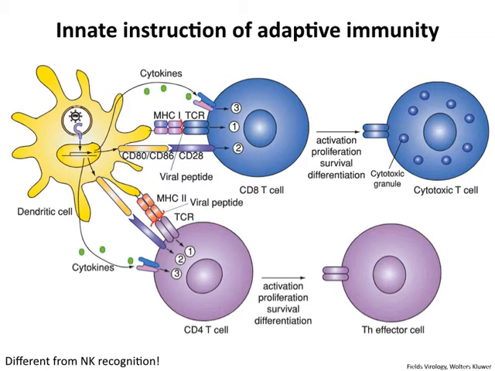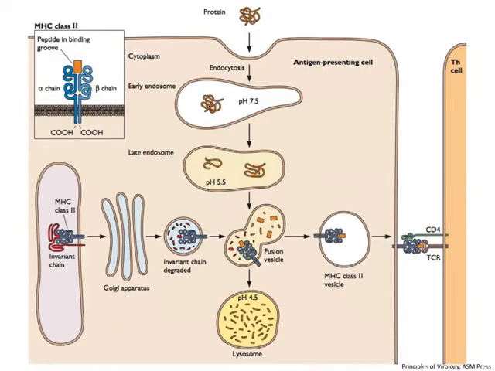They recognize altered cells. Remember, they recognize downregulation of class 1 molecules. They recognize upregulation of activating molecules. They recognize that the cell is infected, but not by virtue of viral peptides. So it's a really important distinction between DC T cell talking and NK cell, infected cell talking.